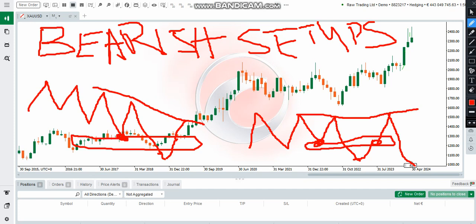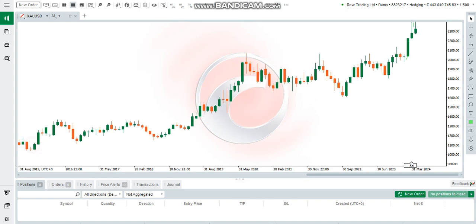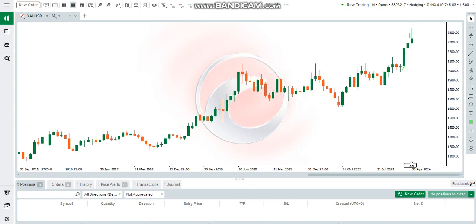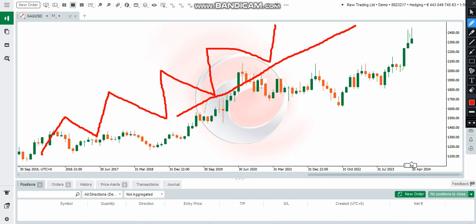Now, we also have what I call reversal patterns. Those reversal patterns are mostly found on the higher timeframes. An example is something like this. These are not trends. Reversal patterns are when you expect price to reverse. You have to draw your trend line this way. Price will virtually break this trend line.